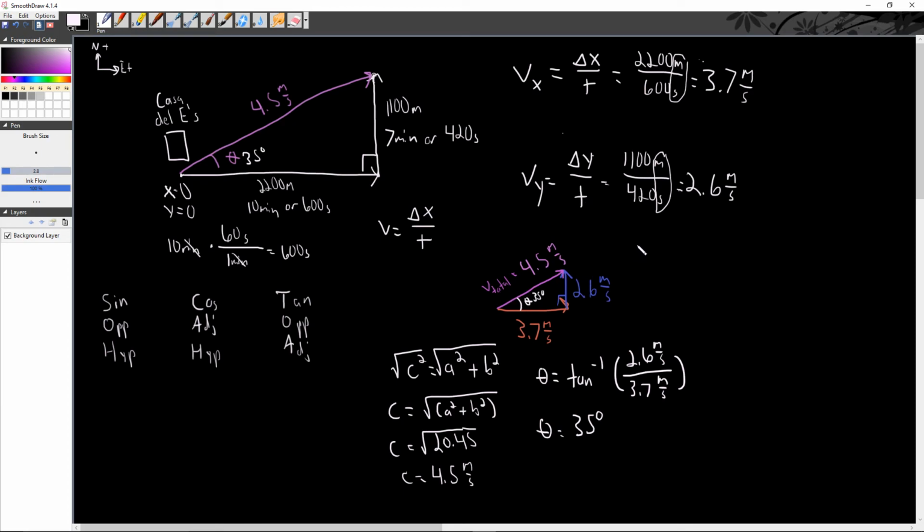And I can even see my V total, if I want to give all the information I have about it, is 4.5 meters per second at a positive 35 degrees above the x value.